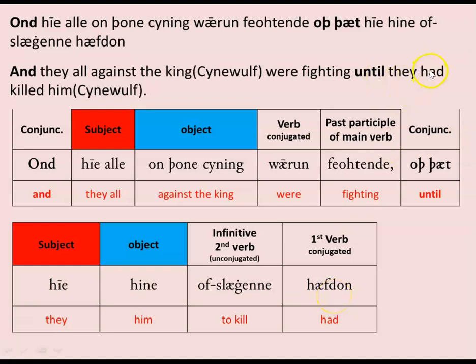So "had", they, goes down here. Him goes down here. Had goes here. Have done, first verb conjugated. Had, past tense. Plural past tense. Have done. And then kill or killed, "afslayene". So this is in the past. This is the infinitive unconjugated verb, but because the "have done" is past tense, it marks this as he has been killed. It's something that's happened in the past.